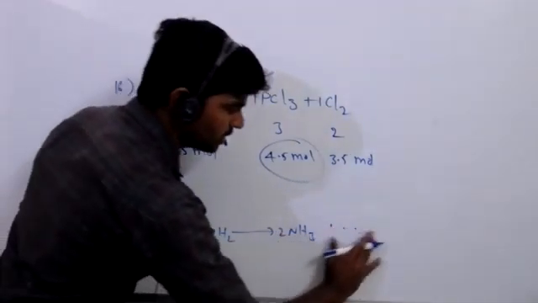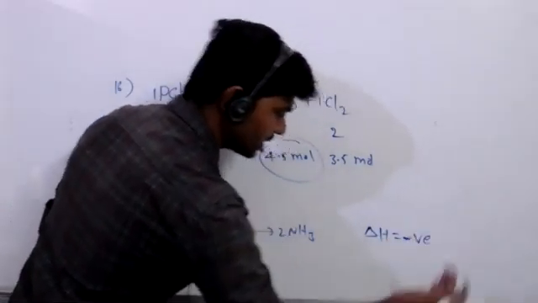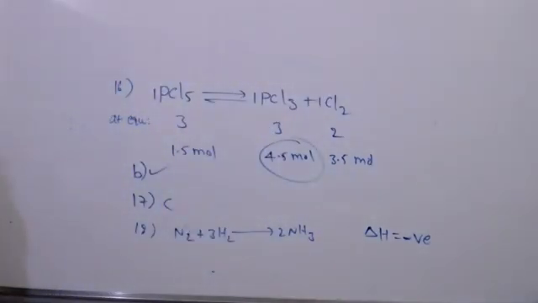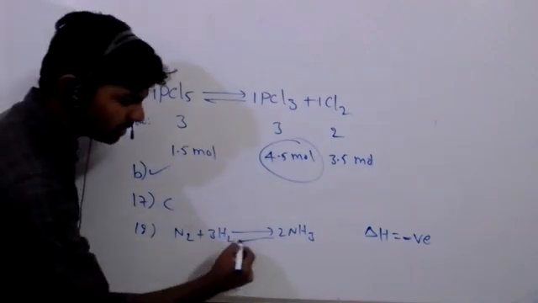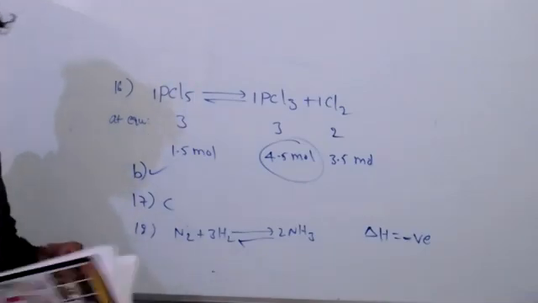Remove this and write it in the form of delta H negative enthalpy. So it is an exothermic reaction. Exothermic reactions are favored at lower temperatures, right? Yes, at low temperature they are favored, high temperature is not favored.